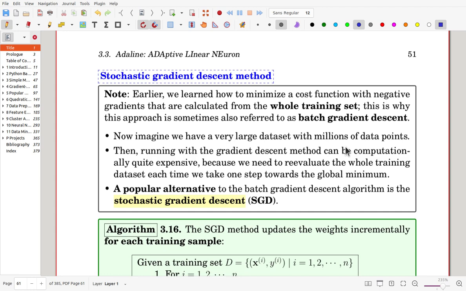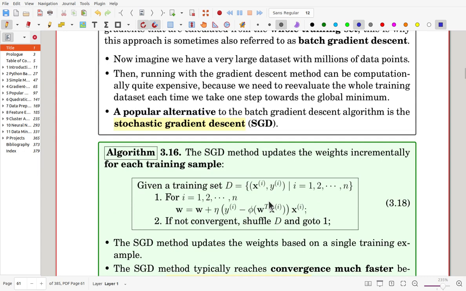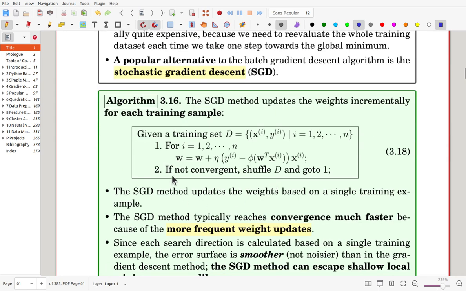A popular alternative to the gradient descent algorithm is the stochastic gradient descent method, SGD. In SGD, we update the weight by using a single data point. Let's see the mathematical formulation. Given a training set D, x_i is a feature vector and y_i is its corresponding label, and there are n points.